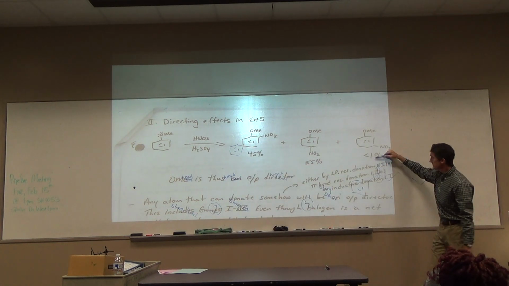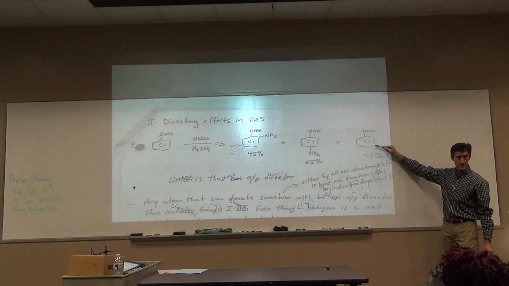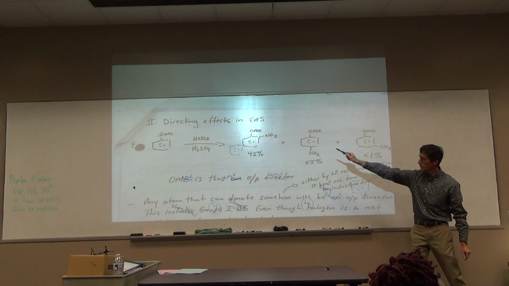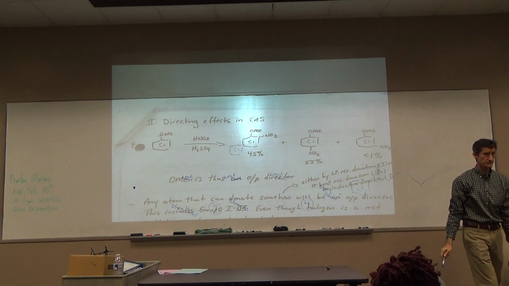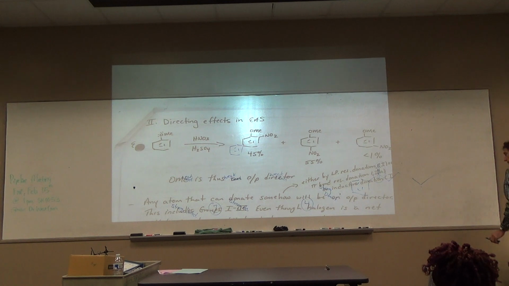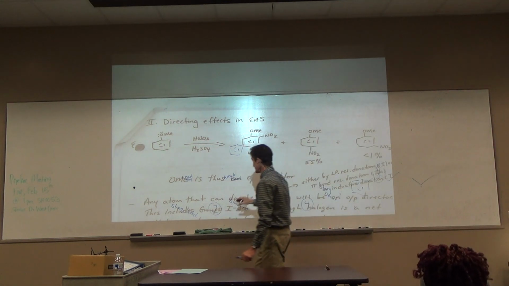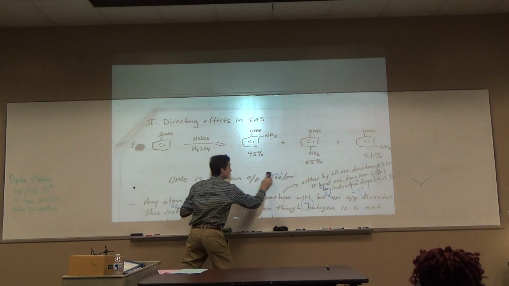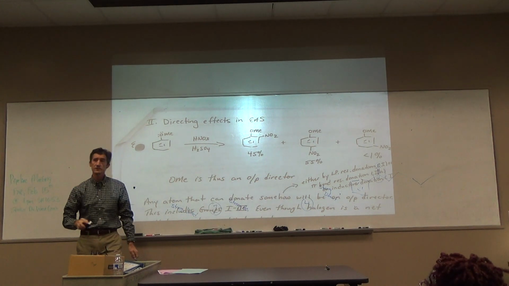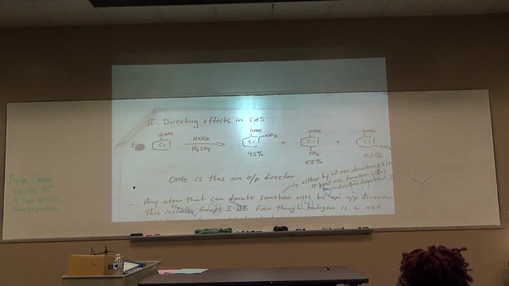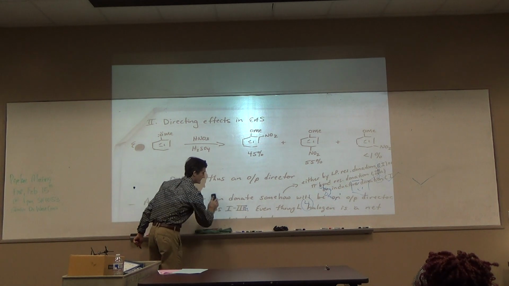And you get virtually none of the meta. Maybe a small trace. Certainly you get much more ortho and para. And you do get a mixture. Based on those results, we can say the methoxy group here is an ortho para director. It's directing the new group to the ortho and para positions.